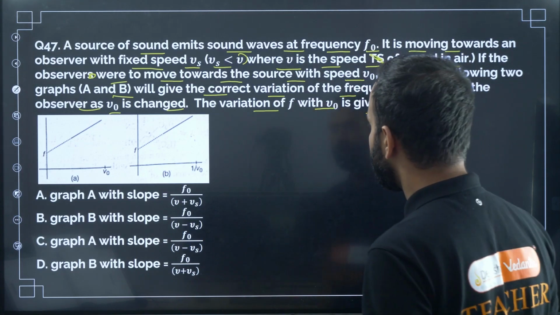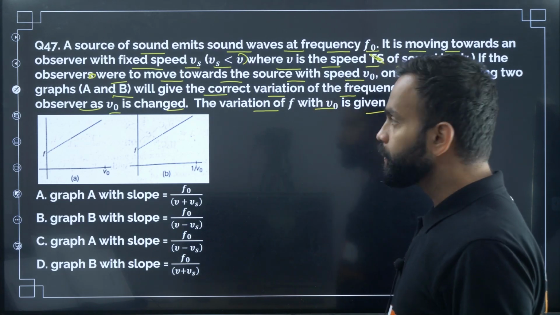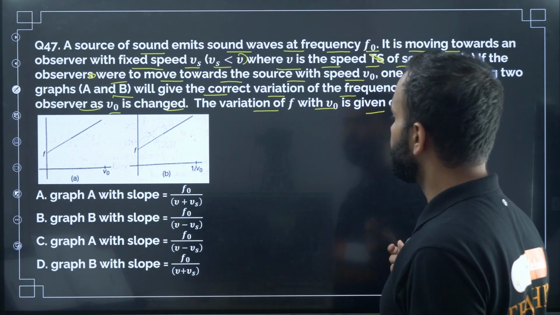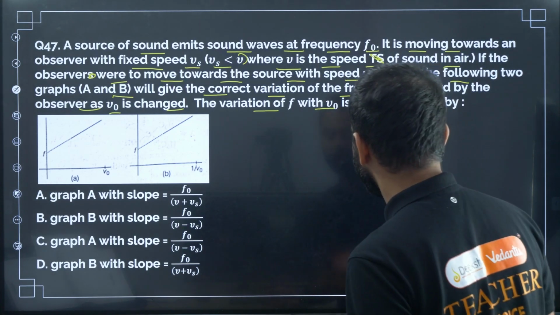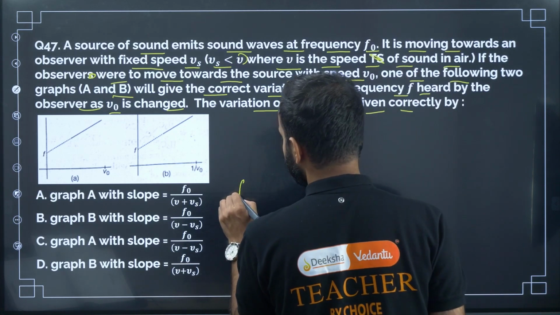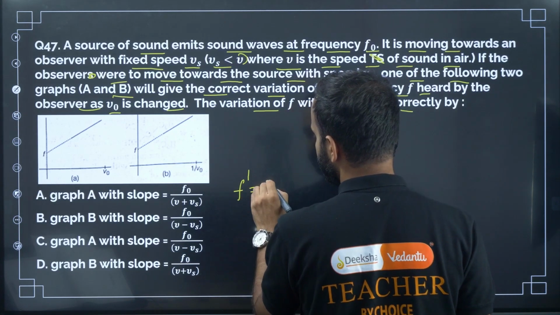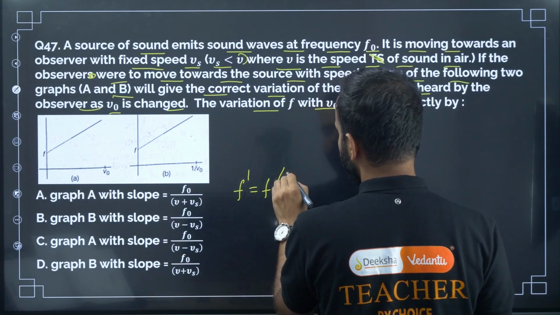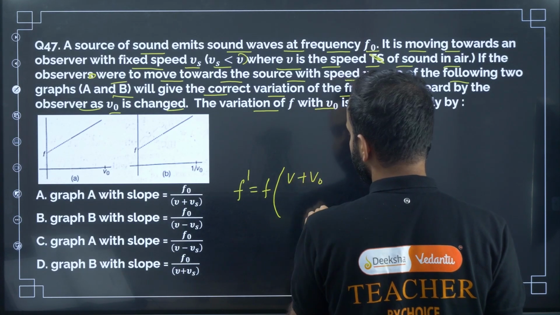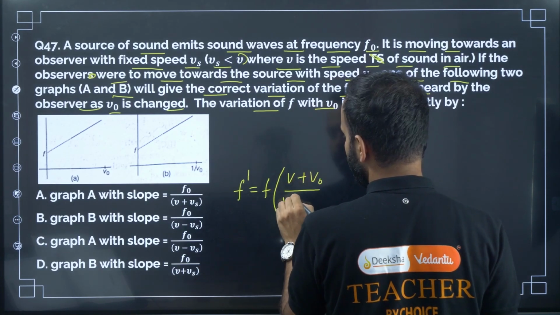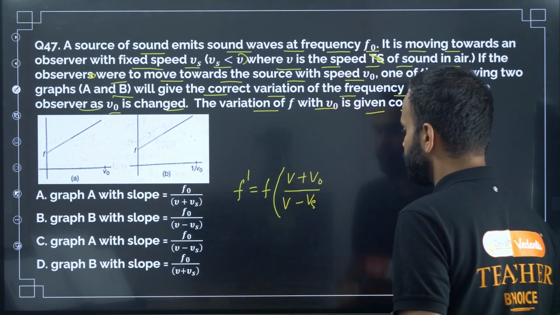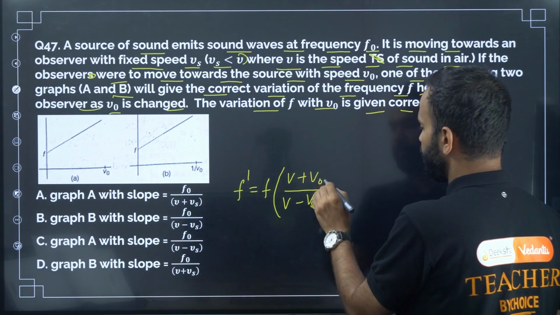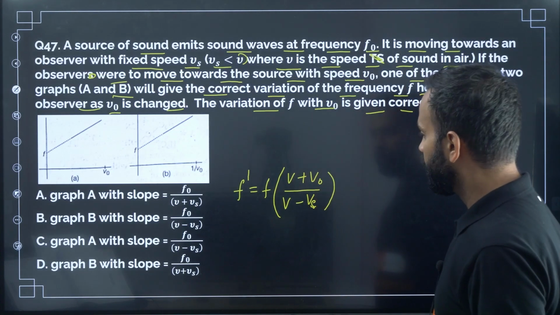When observer and the source are moving towards each other, then the apparent frequency heard by the observer, f dash, is equal to f into V plus V0 divided by V minus Vs.